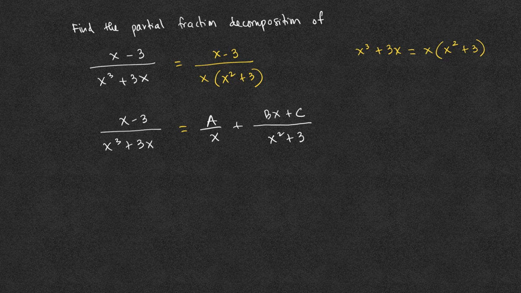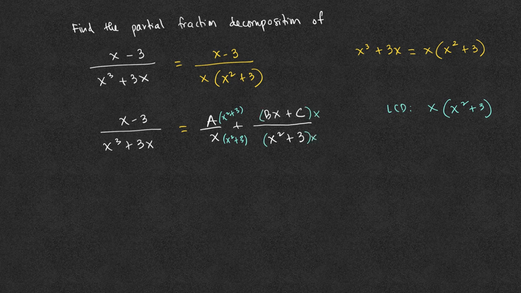To find A, B, and C, we would first need to find the least common denominator of the right-hand side, which is x times x squared plus 3. To combine them, we would first need to multiply A over x with x squared plus 3, both top and bottom. And we would multiply the second fraction with x, both top and bottom.